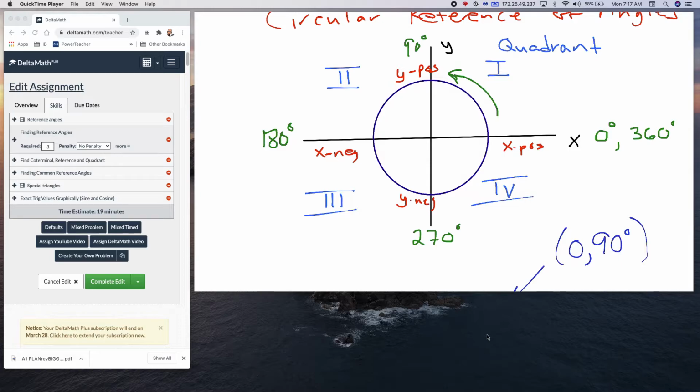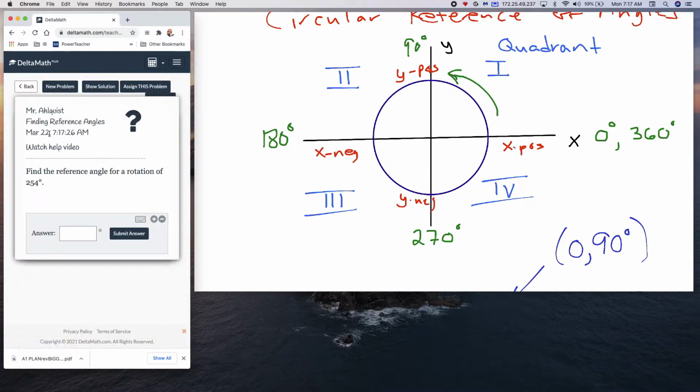But we're talking about x and y, and we're also talking about rotating around this circle, sort of like the spoke of a wheel on a bike. So you're going to have questions like this: find the reference angle for a rotation of 254 degrees. So let's think about 254. That's going to show up right down here, right?